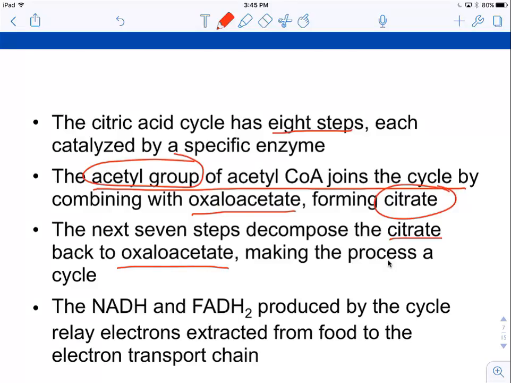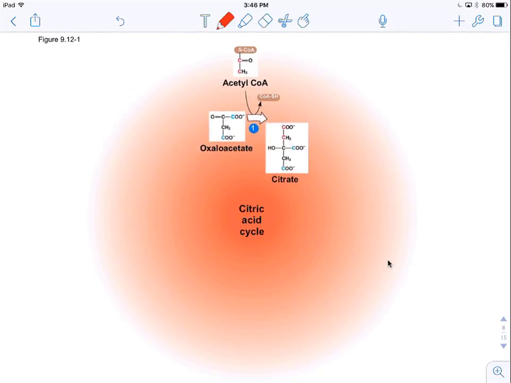And you'll see this in a minute as we look at it in more detail. Okay. And then when we reduce our electron carriers, we generate NADH and FADH2. They carry our high energy electrons to the electron transport chain, which is where the bulk of our ATP will be made. All right, so let's walk ourselves through this.